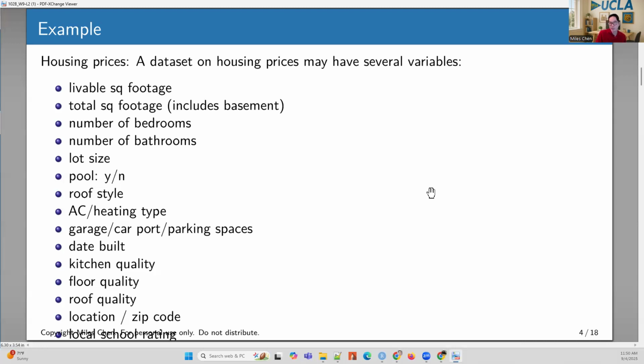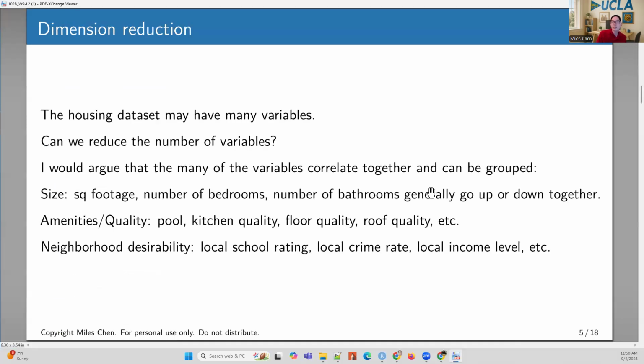Also, you have location information like the zip code and the school rating and median price of the homes in the surrounding area and things like that. And I would say all of these different variables can be reduced down to just a few factors.